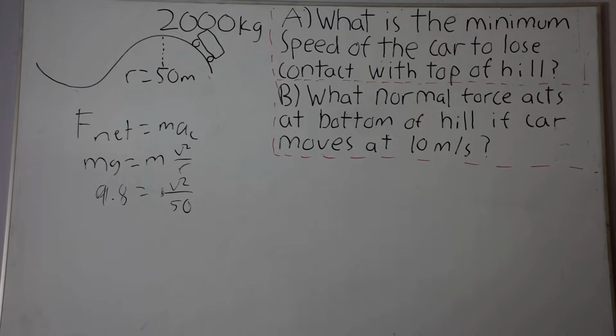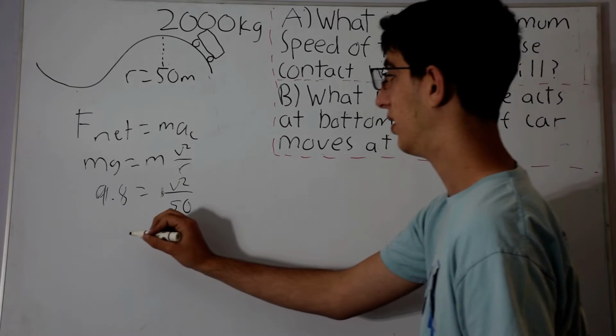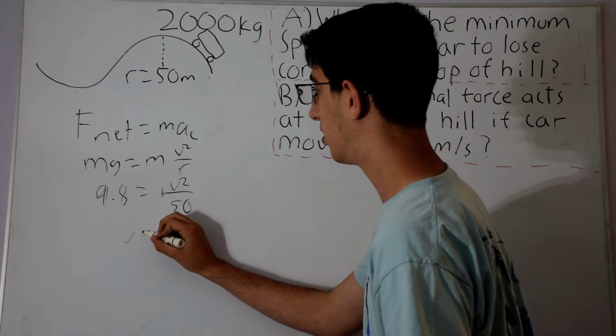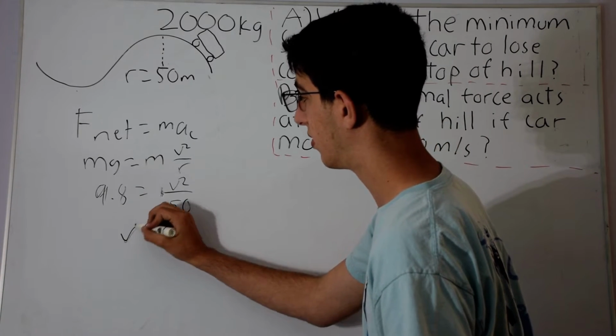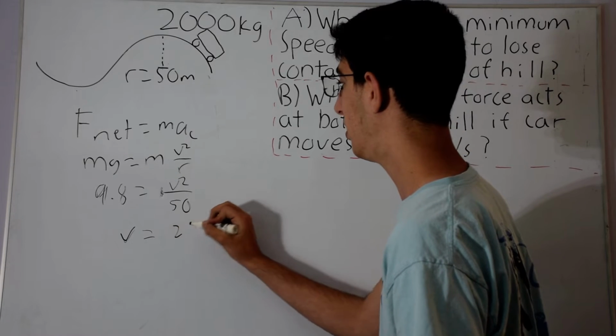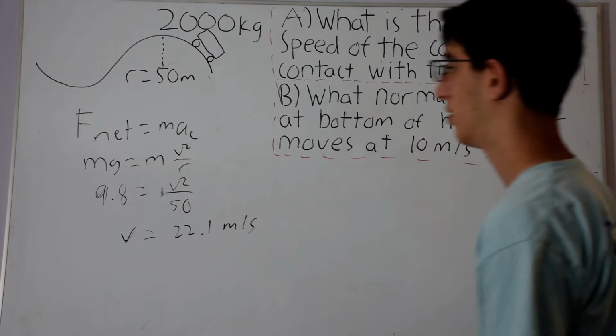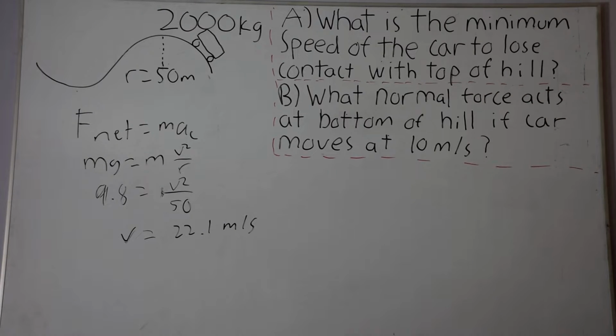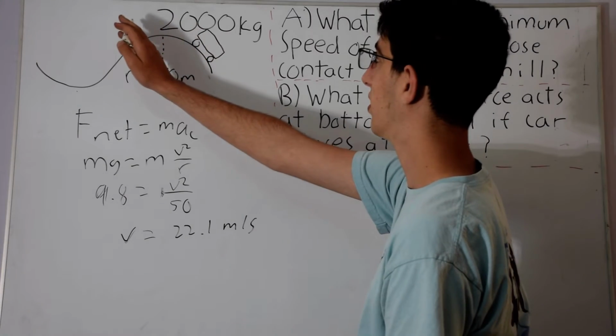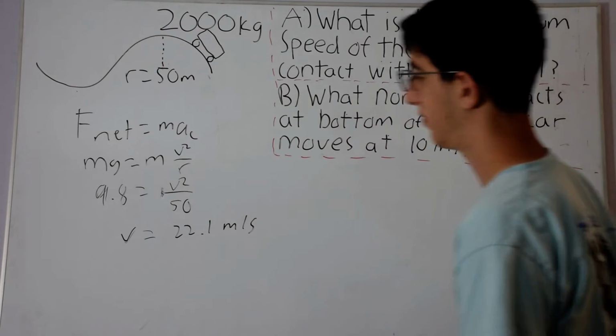And we can solve for the speed and get that it is equal to 22.1 meters per second. So if the car goes at 22.1 meters per second, it's just going to jump over the hill and graze the top of it.